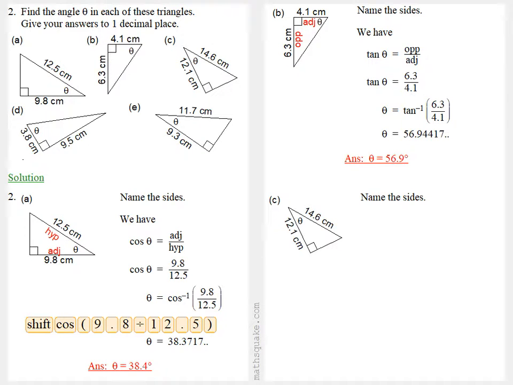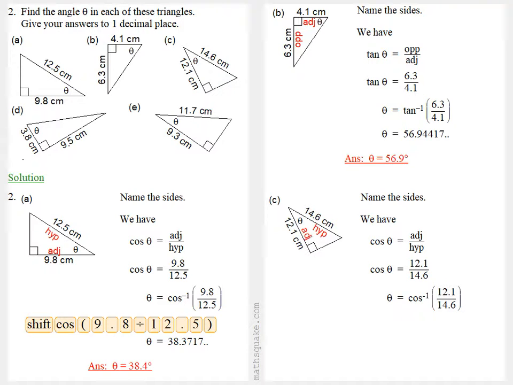In part C, again, we name the sides. Now the side 12.1 centimetres is next to the angle theta, so that's the adjacent. The side 14.6 centimetres is the longest side opposite the right angle, so it's the hypotenuse. So we've got adjacent and hypotenuse. And we know the cosine of an angle is adjacent over hypotenuse. So the cosine of theta equals 12.1 over 14.6.